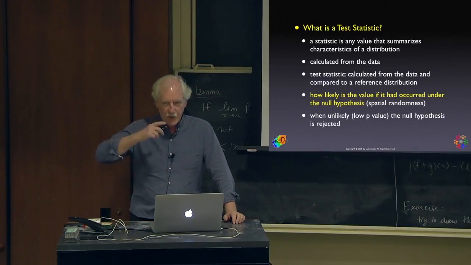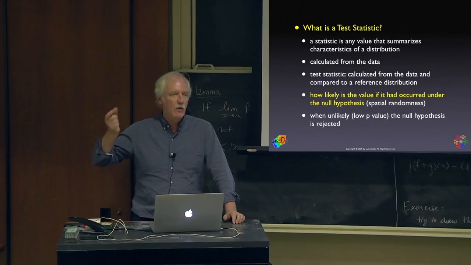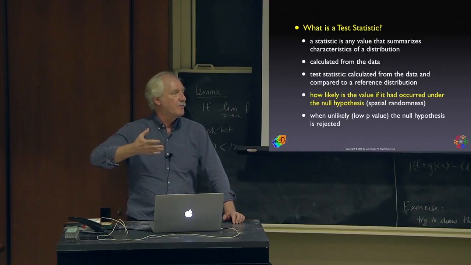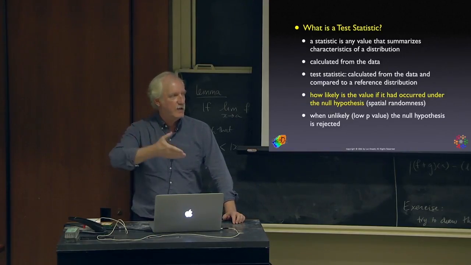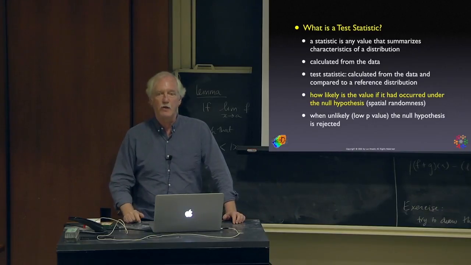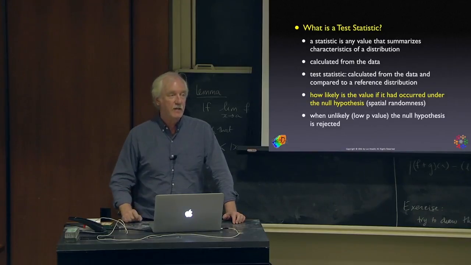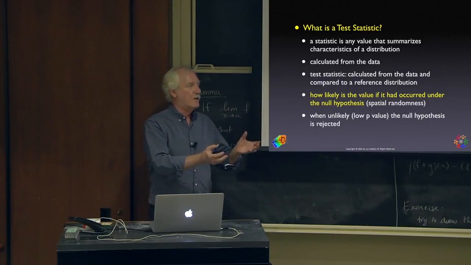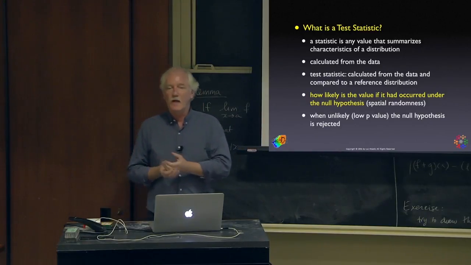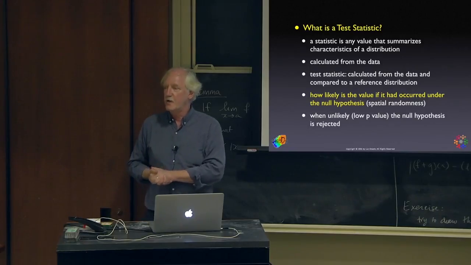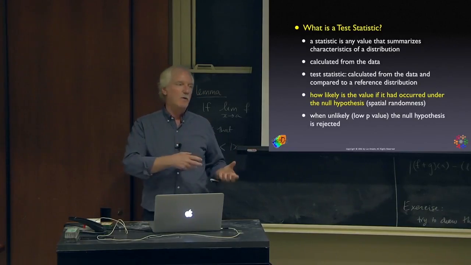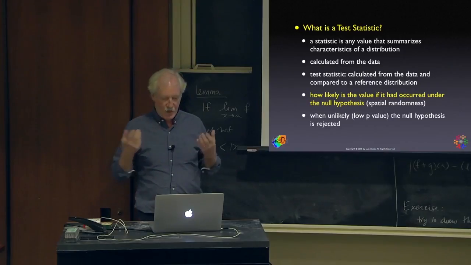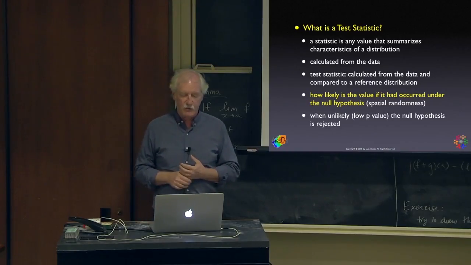So we have two things to do. One is to figure out what is a good statistic, what is a good summary of the data that we can actually use to assess whether this null hypothesis holds or not, right? And then the second aspect of this is how can we tell, given a value for the statistic, whether or not it is compatible with the null hypothesis, and in our case of spatial randomness.